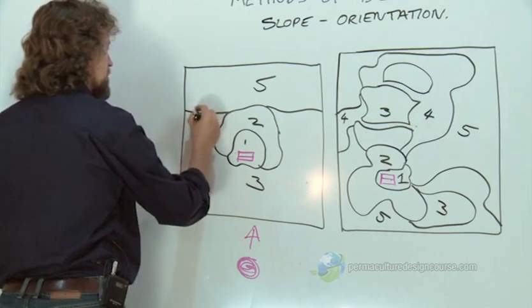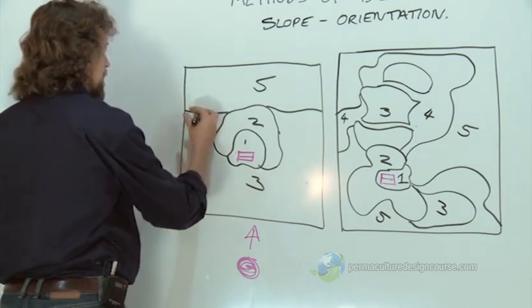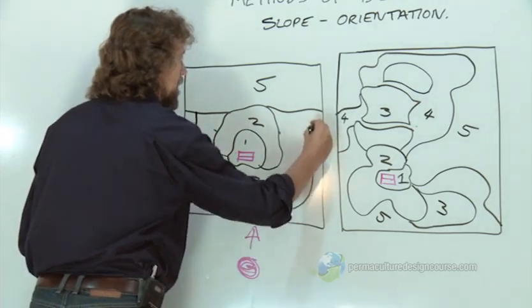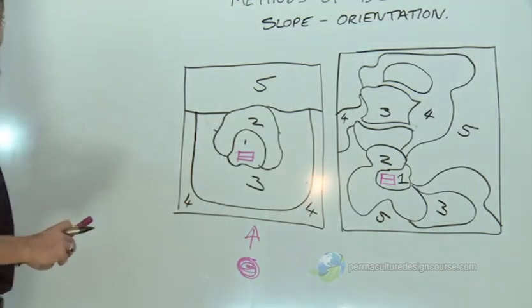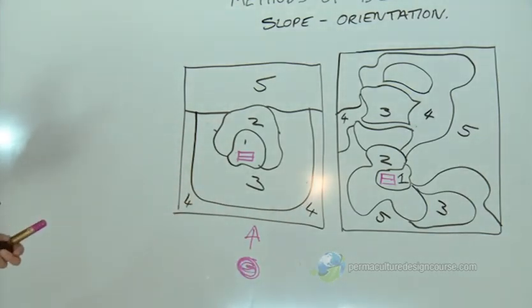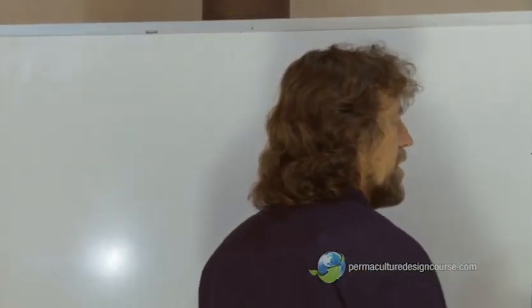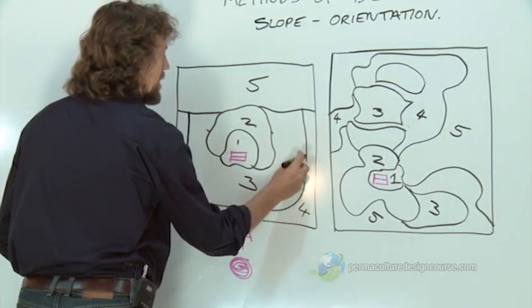Could easily change to that, and that's zone 4 as a boundary plant into the property. But then contour might make this.